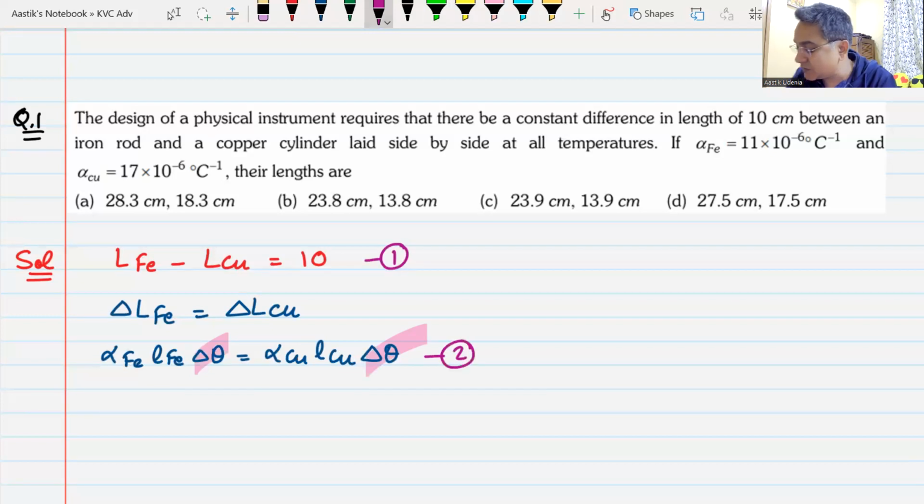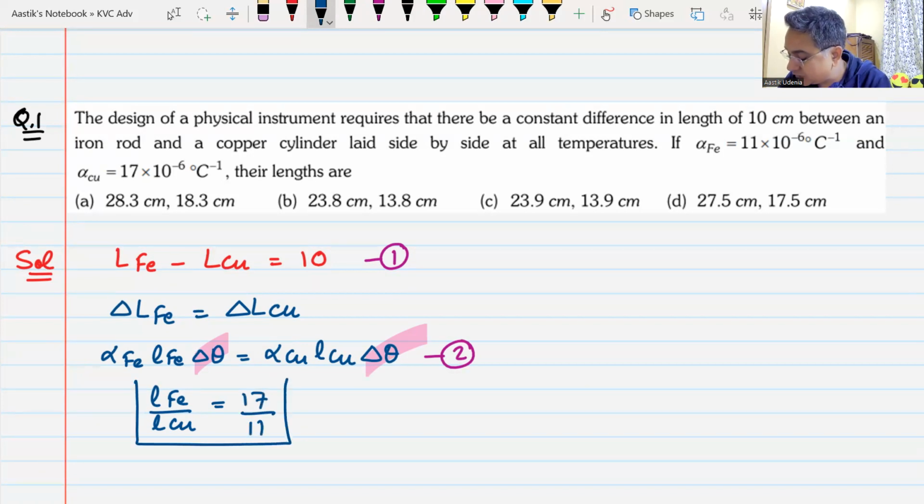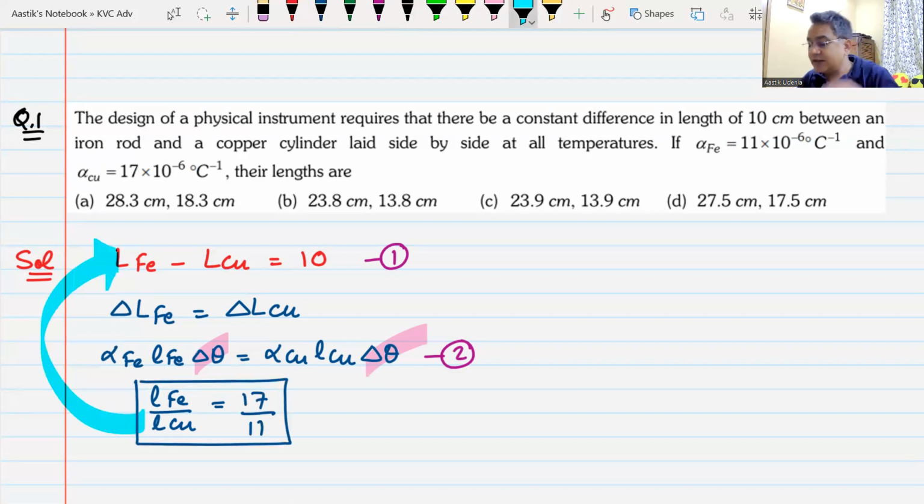From equation number 2, we get length of iron divided by length of copper should be equal to 17 by 11. You can now put this in the previous equation and you will get your answers. The answer that is given to me is this one.